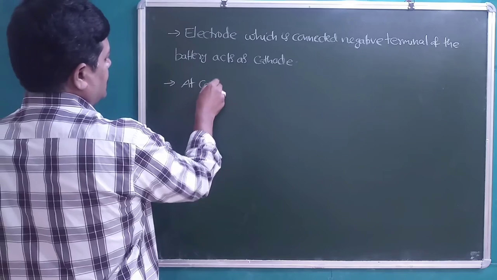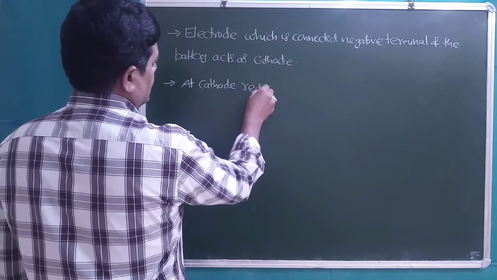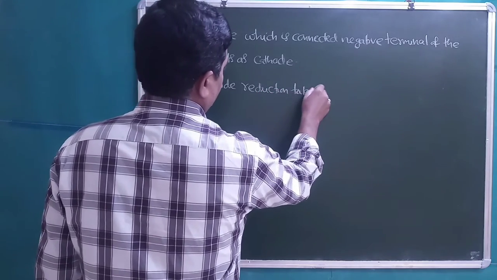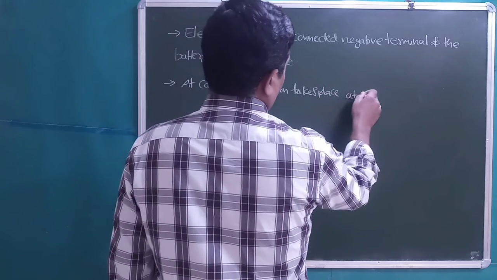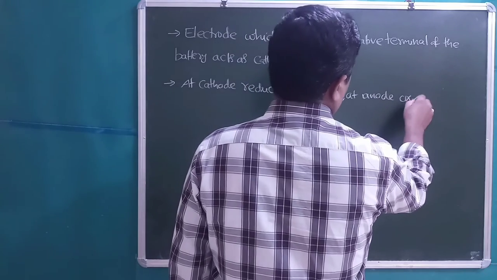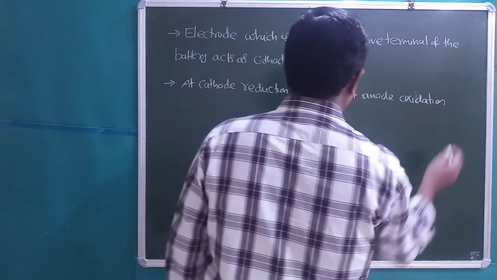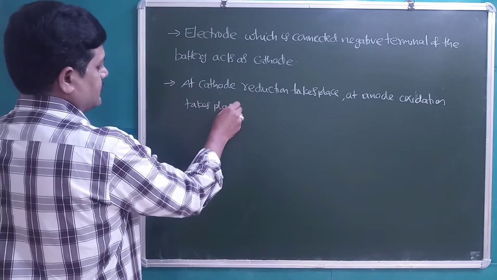At the cathode, reduction takes place. At the anode, oxidation takes place.